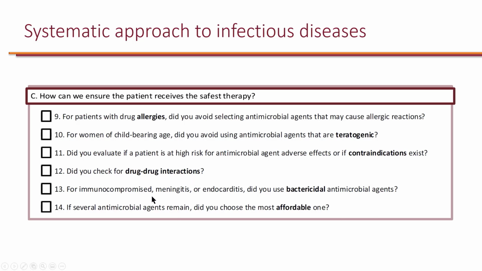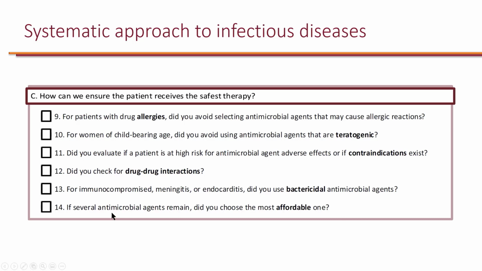For immunocompromised patients and some of the severe infections like meningitis and endocarditis, it's typically recommended to use bactericidal instead of bacteriostatic. And we'll talk about the differences between bactericidal and static throughout the course. And of course, another toxicity is cost toxicity.